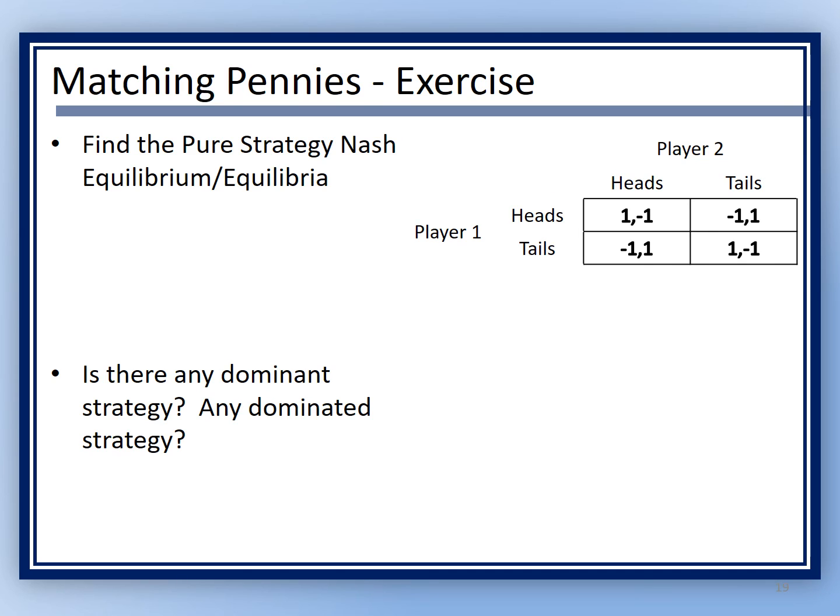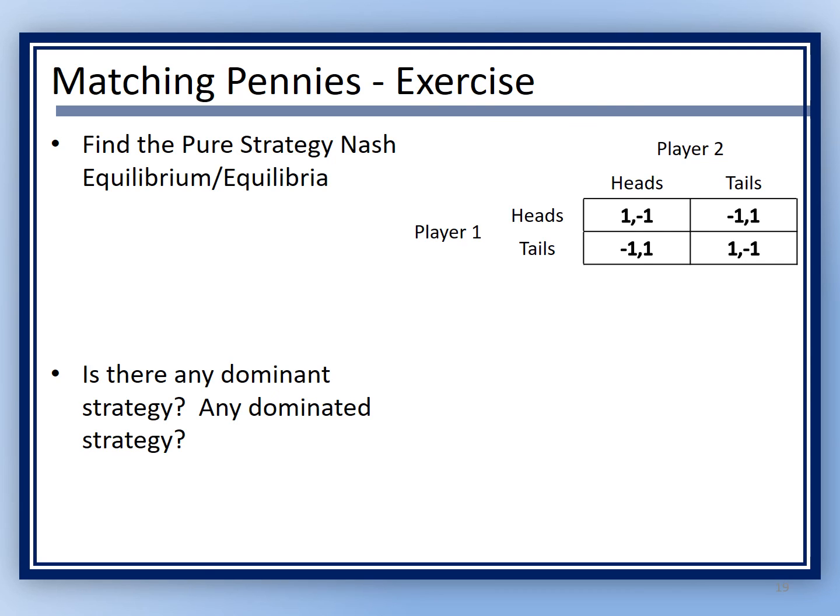Next, let's look at this one. Matching pennies. The idea of the game is that two players each put forward a side of the coin. Player 1 wins by matching the coin of player 2, and player 2 wins by mismatching.